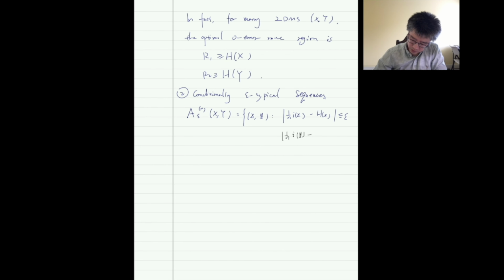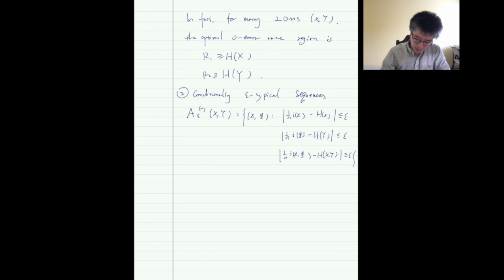Similarly we have this for y, and then for both x and y. Remember that I means the self-information, and this is the definition of the joint typical sequence. The conditionally epsilon typical sequence is as follows: we fix x or fix y, and then ask what are the other sequences that are in this joint typical set.